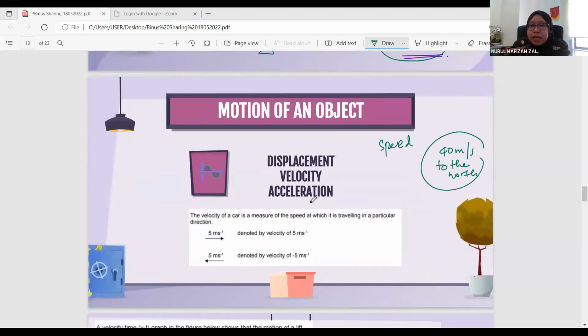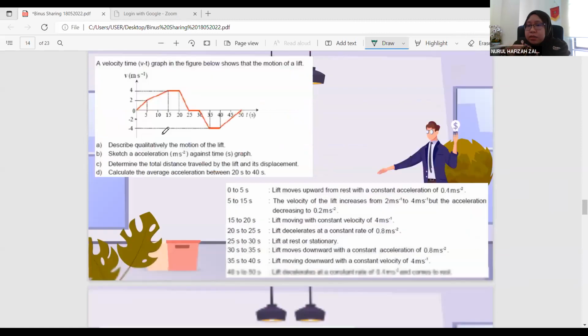So displacement, velocity, and acceleration are related. The acceleration you can find from the gradient, but for the displacement, you can find it from the area under the graph. So you can get the distance or also the displacement. Determine the total distance traveled by the leaf and its displacement. Just now I mentioned the difference between distance and displacement.